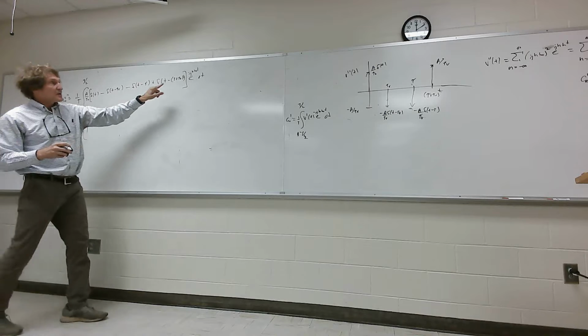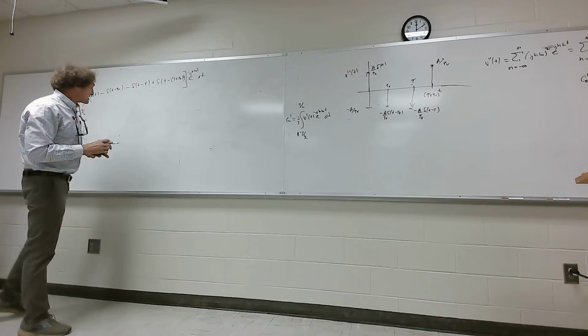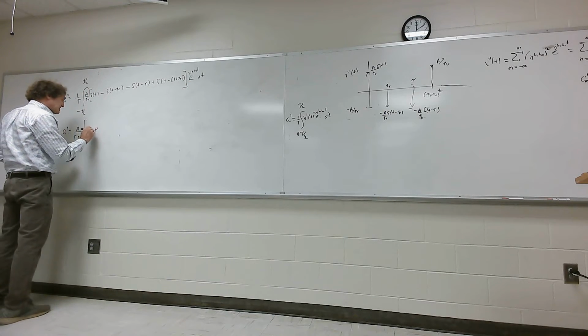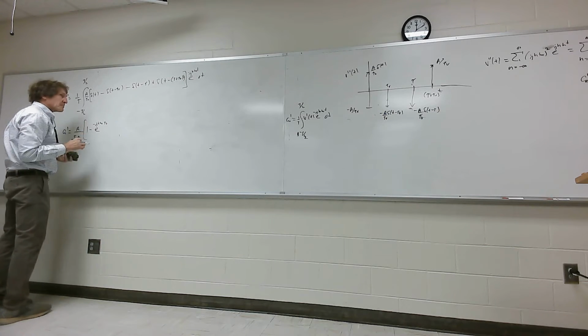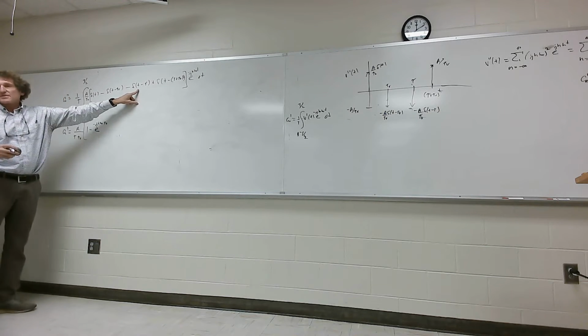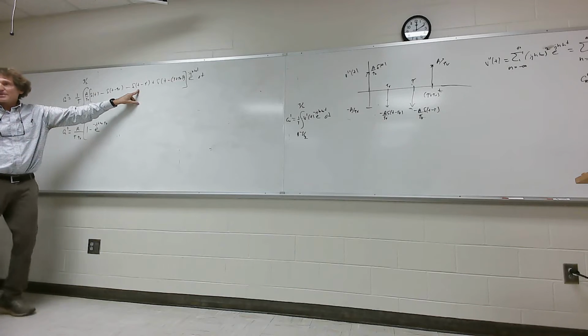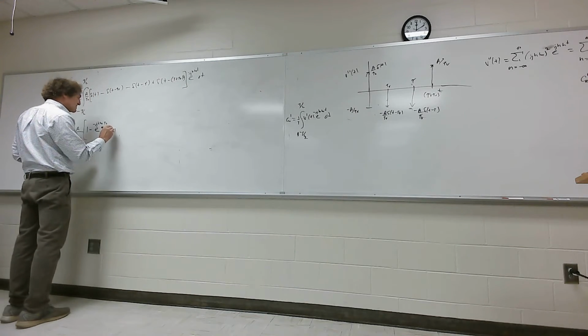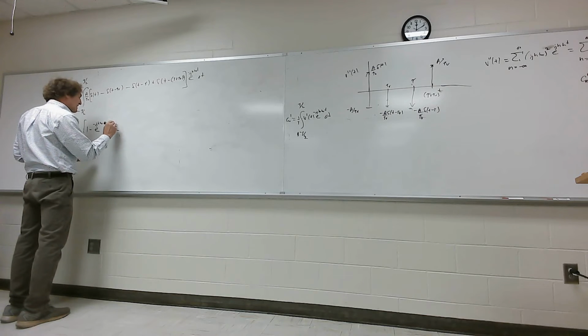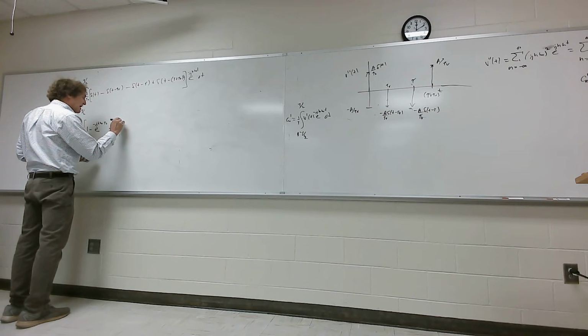So now I evaluate this function at tau rise, and I get minus e to the minus j n omega naught tau rise. What about this delta function? t equals tau, correct, class? I hope you can read my writing, even in the back. So then I evaluate this at tau. So it's going to be minus e to the minus j n omega naught tau.